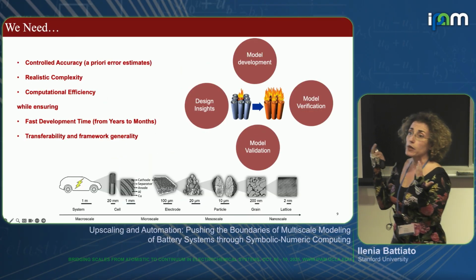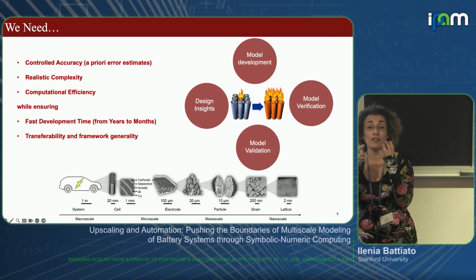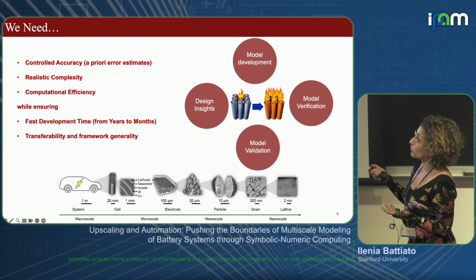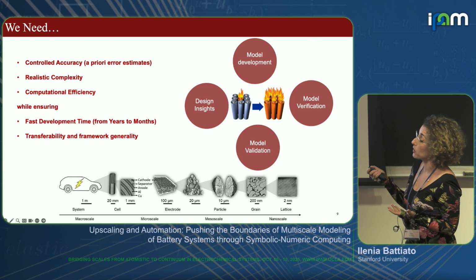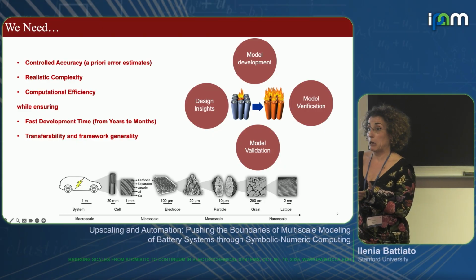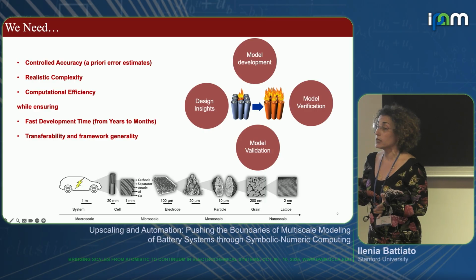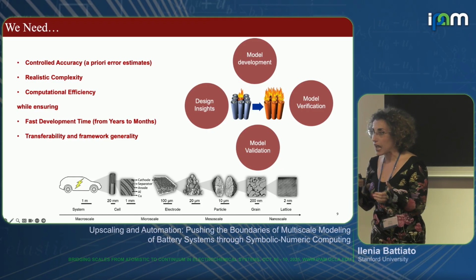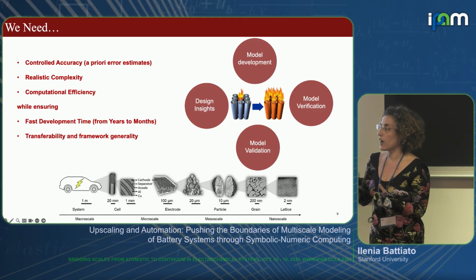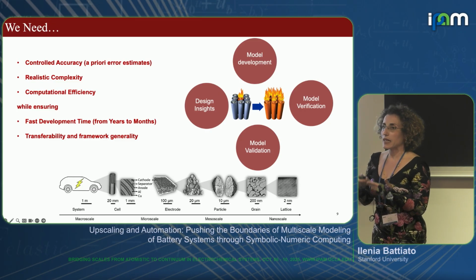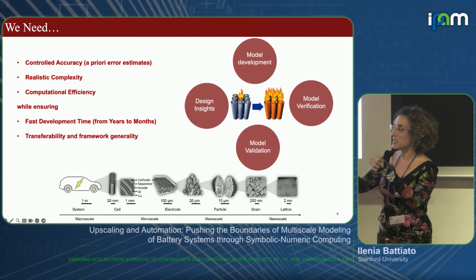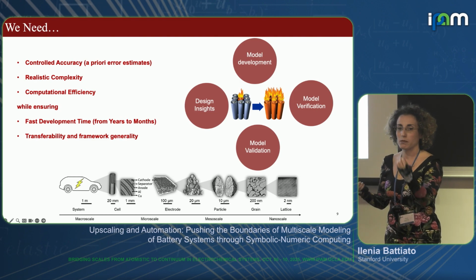Now, when we think in terms of the features that we would like our models to have, we want control accuracy. So we would like to have a priori estimates of the error that we expect in this model. And I want to relate this a little bit to what was mentioned before in the discussion about what defines whether a model is good or not good. I think there has to be a metric to decide that, right? The community seems to agree that certain models sometimes work and sometimes do not work.